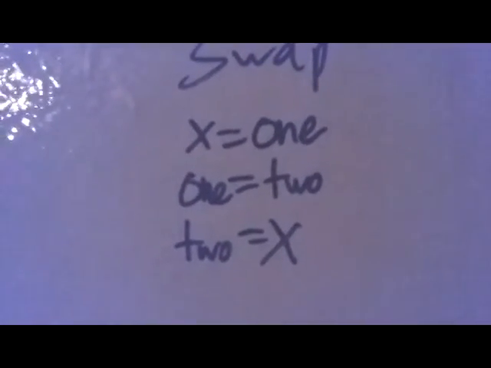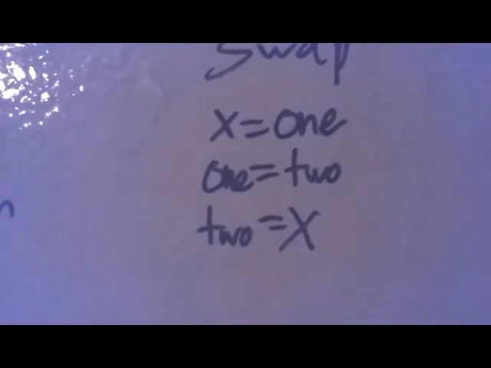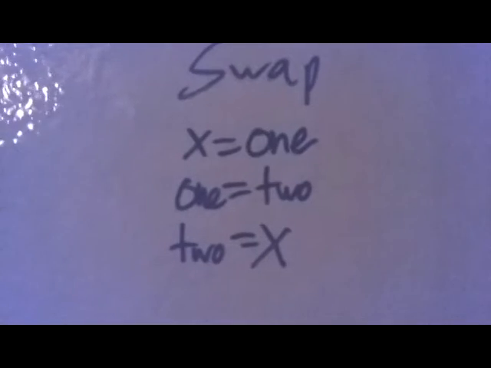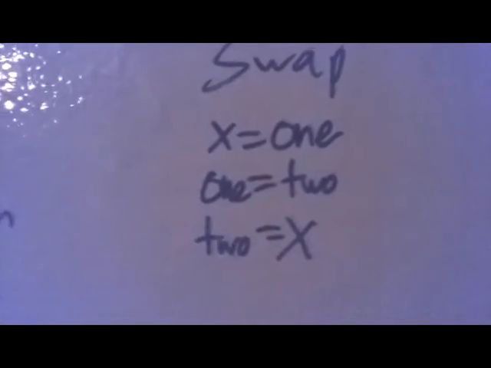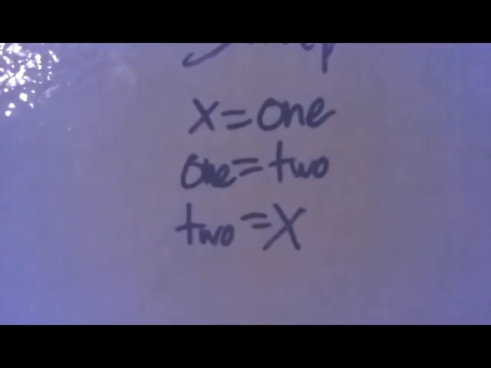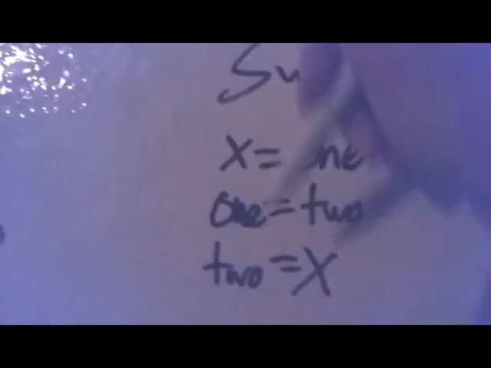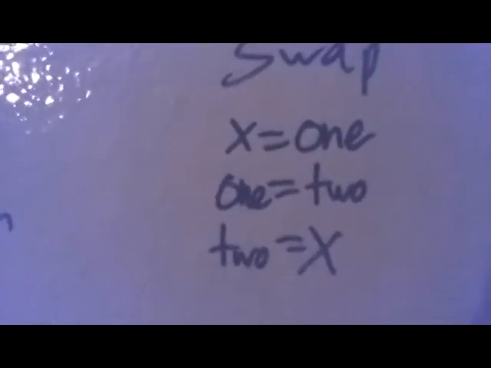I need that temporary variable in here because if I just did 1 equals 2, 2 equals 1, all I would have done was duplicate the value of 2, because 2's value would be in both variables. So what I have to do is use this temporary to save the value of 1 before I change it, so that way I can still access it later on.